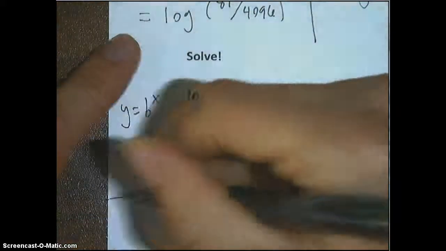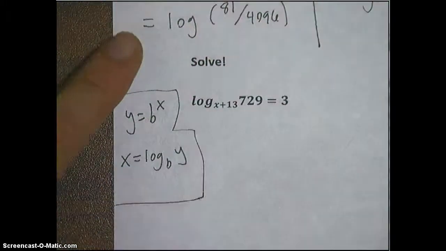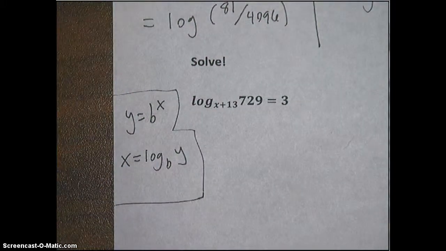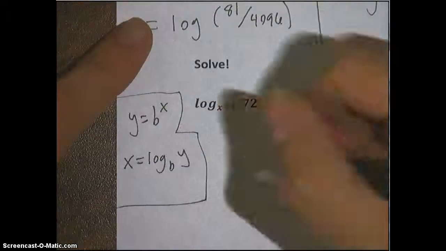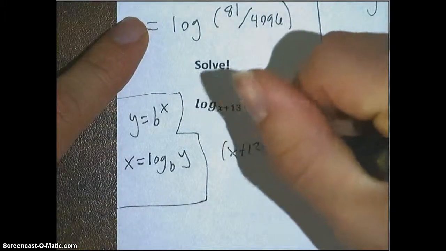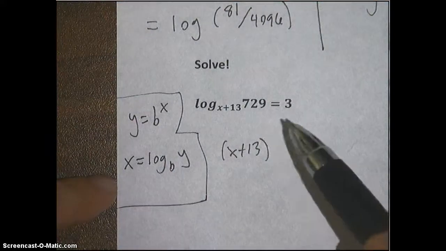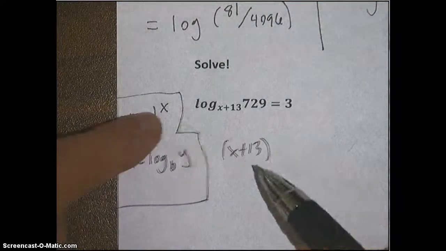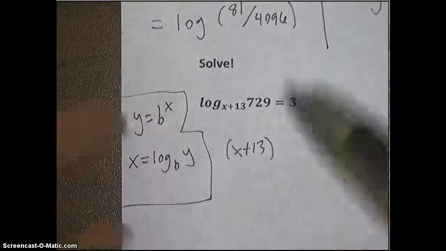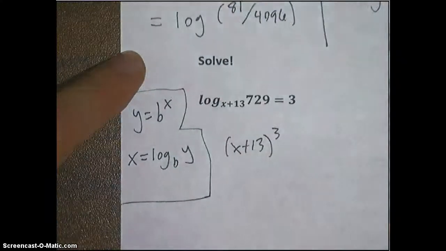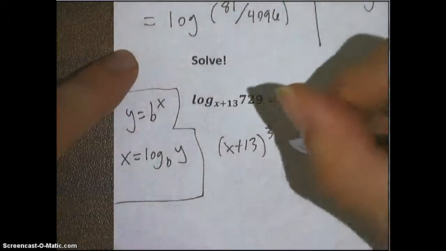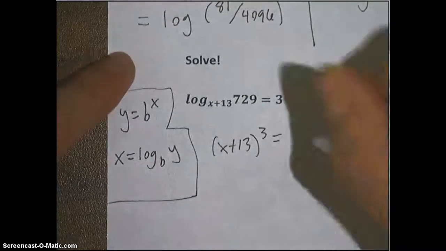We use these little rules to rewrite this logarithm. So what's the base? The base is x plus 13. Base is always the base. And then what goes to the exponent is the 3. So x plus 13 to the 3rd power equals 729.